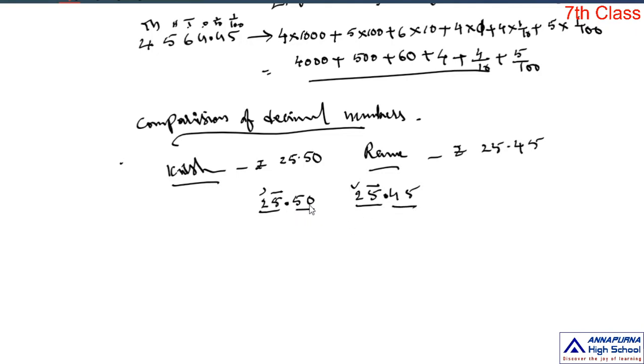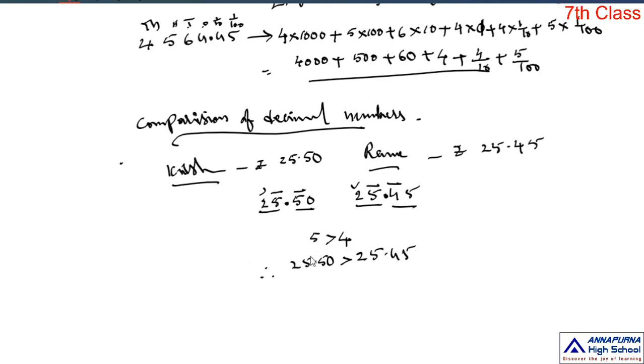We have the decimal part. Now what is the digit in the tenths place? 5. Here what is the digit in the tenths place? 4. Is 5 greater than 4 or less than 4? Greater than 4. Obviously 5 is greater than 4. Therefore 25.50 is greater than 25.45.